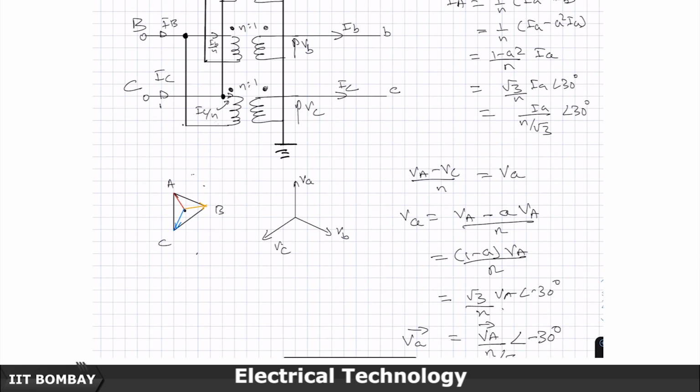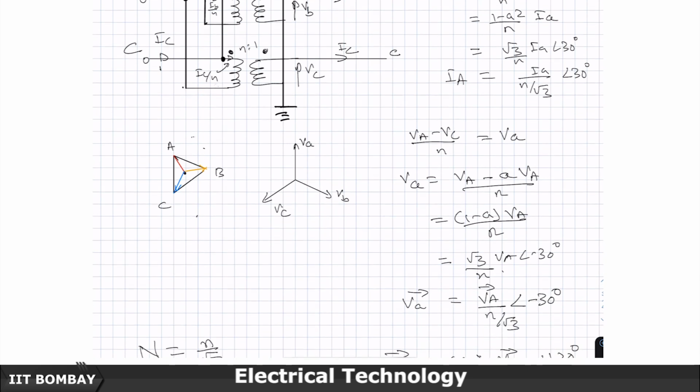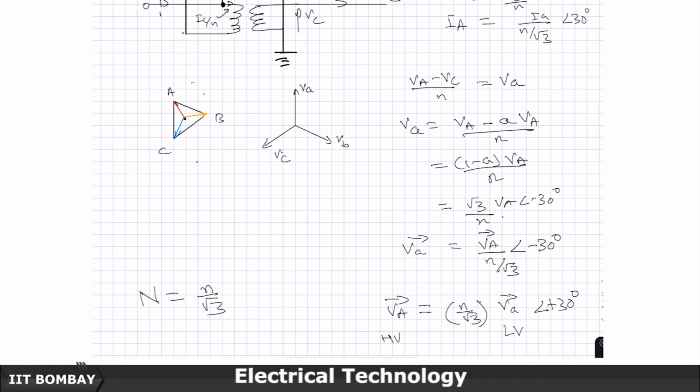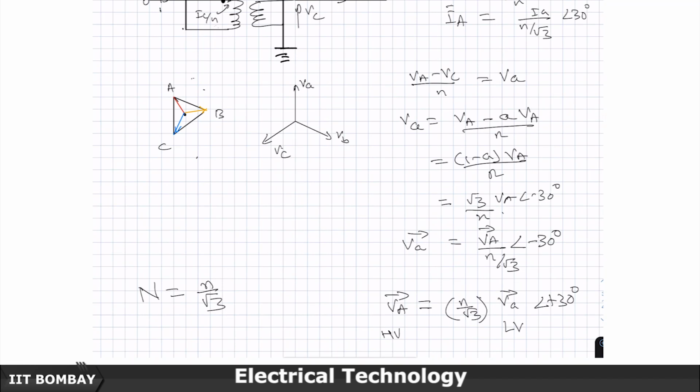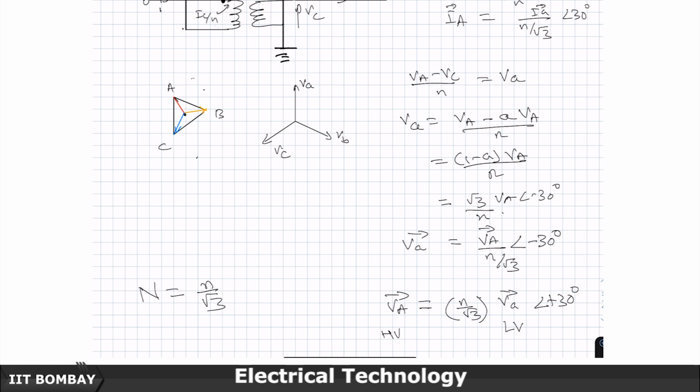Now compare these two equations. We see that the effective turns ratio, whether I work with voltages or currents, is going to be n by root 3.